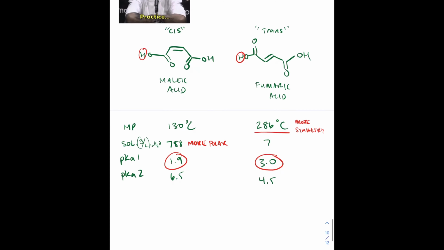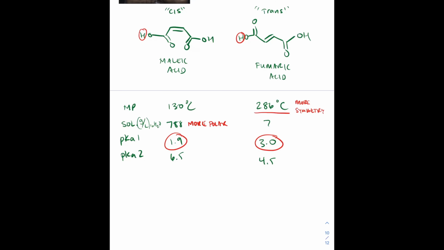Okay, so we want to remember that if we were going to remove this proton, let's take a look at the conjugate base, because that's what we always do when we are looking at the acidity of a proton.